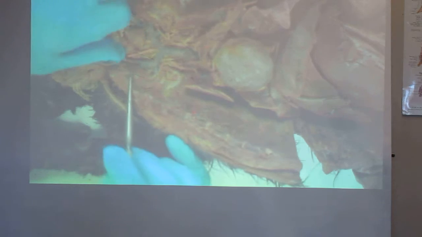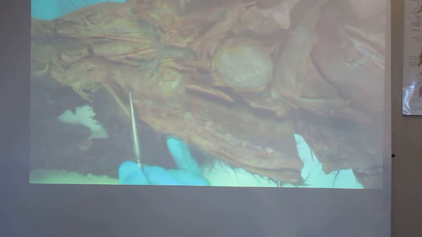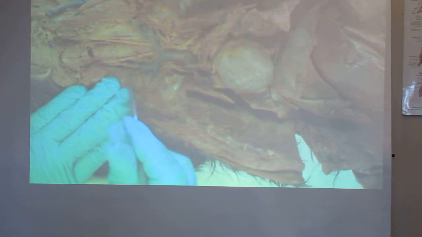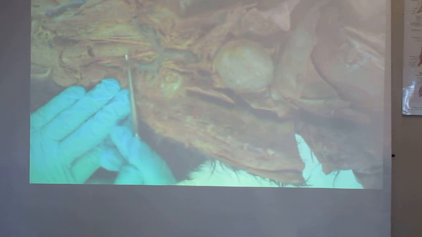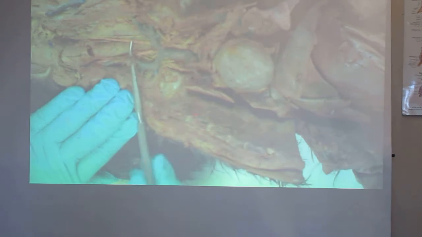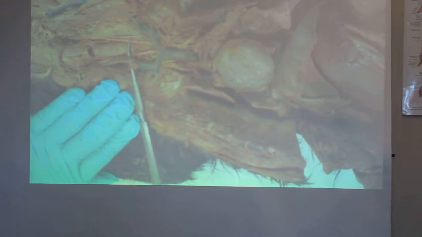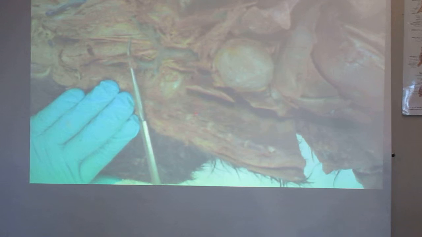Sometimes, however, you will see a small internal jugular. You can see it on this side. That internal jug is going to be directly next to your common carotid artery.